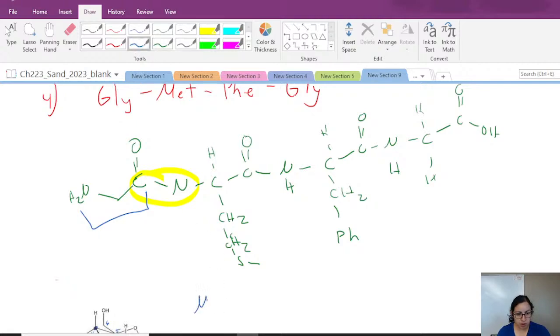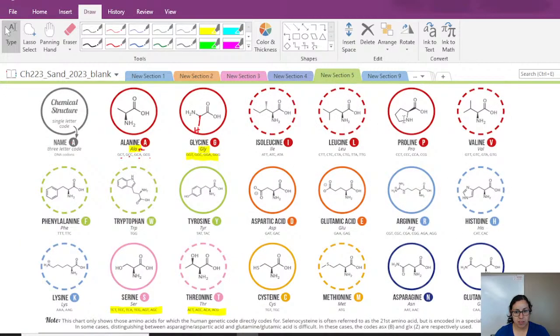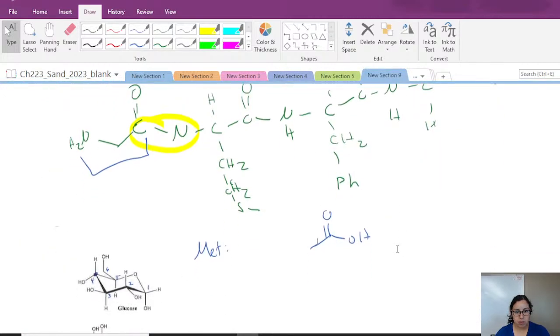What I was trying to emphasize, so if we redraw methionine here, that's why I wanted a reference. So there's your amine that it attaches to.